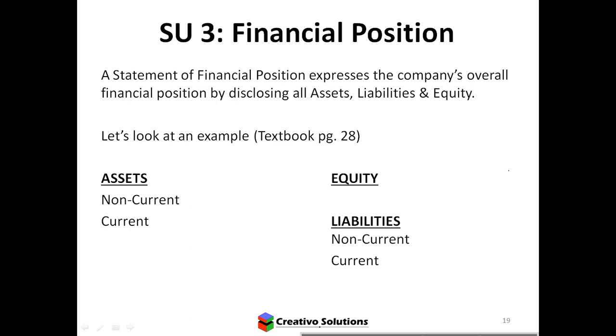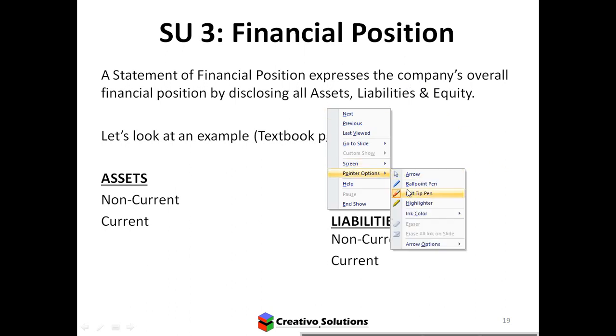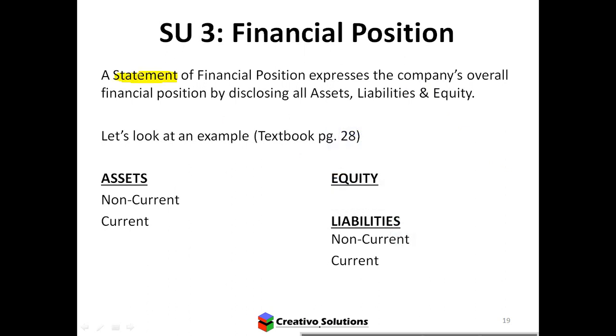For now, we're not going to draw up statements. It's too early. Statements are only going to be drawn up much later in one of the separate chapters. All I want you to do now is to appreciate what these statements look like. This statement is a nice, easy one to remember because the words financial position are there.